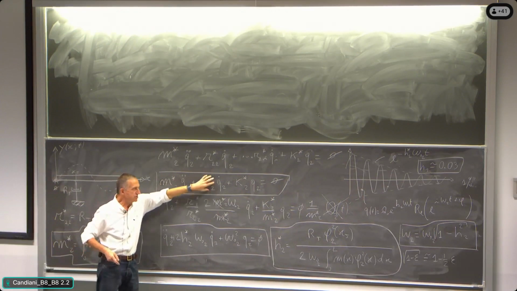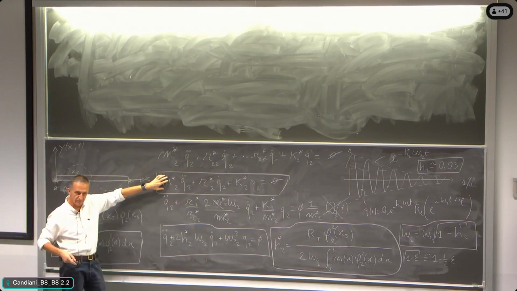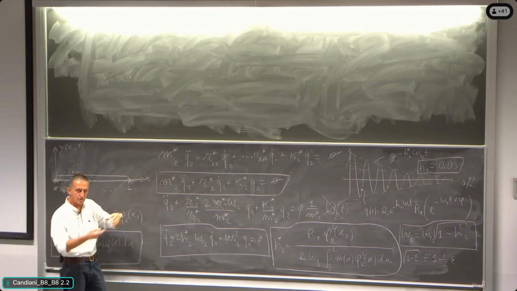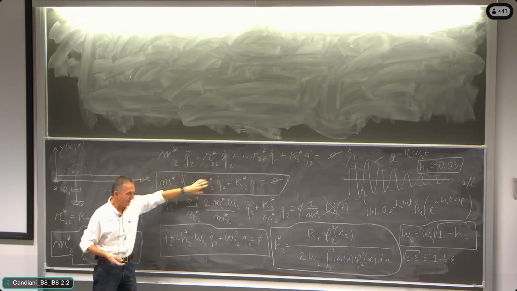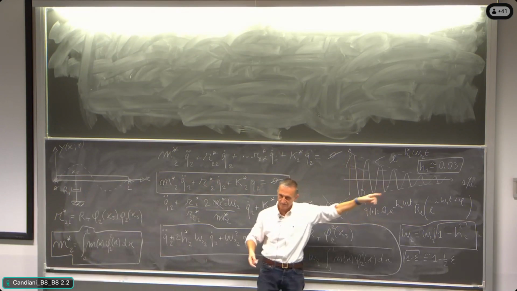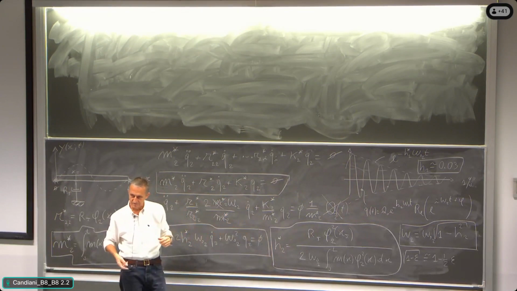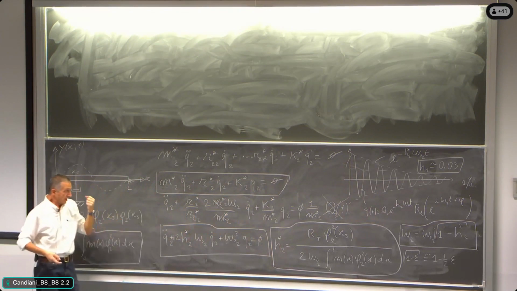It doesn't matter which is this number, because it depends on the comparison with this number. It is the comparison among this number and that number that makes the shape of the trend of damping, of the decaying system, all right?